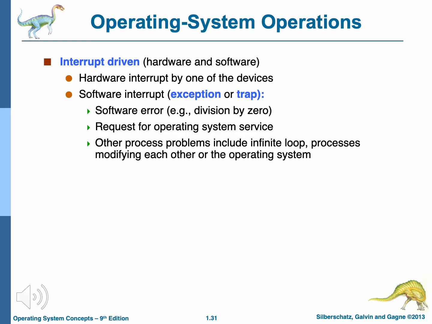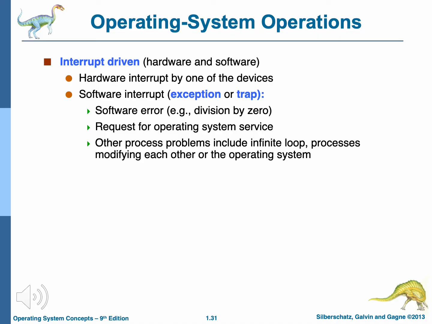Since the operating system and the users share the hardware and software resources of the computer system, we need to make sure that an error in a user program could cause problems only for the one program running. With sharing, many processes could be adversely affected by a bug in one program.